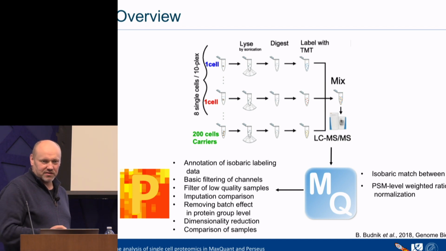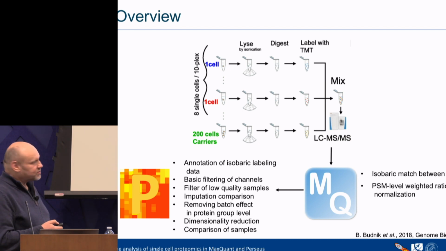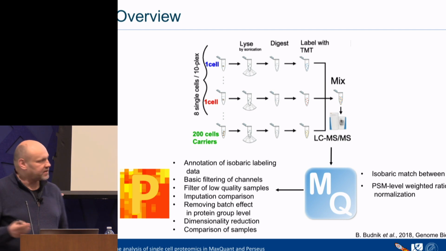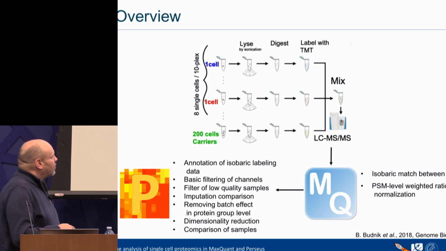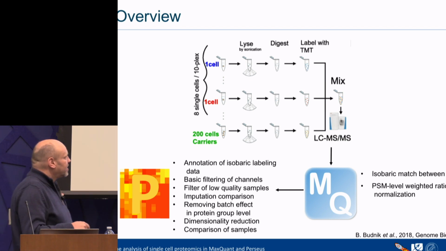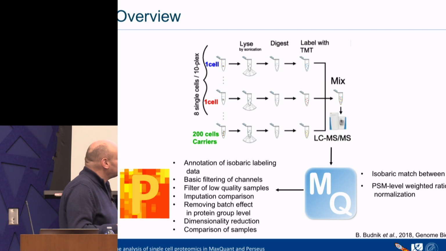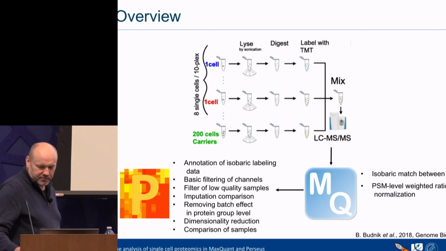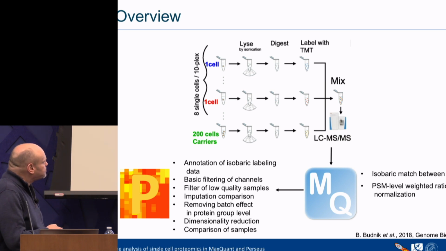So we provide tools for doing this in a streamlined fashion. Basic filtering of channels, get rid of carrier channels, of empty channels and things like this. Filtering of, or detection first of all, of low quality samples, and then also get rid of these for the further analysis. You want to do, or you want not to do imputation, and for that you want to have several methods available that you can compare against each other.